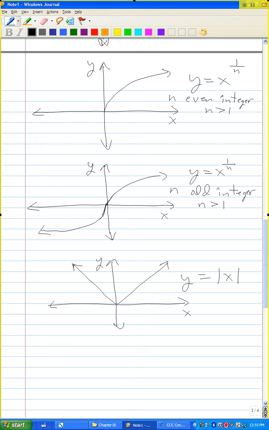So that basically gives you the power functions and the absolute value. If you have a particular power function, you know how to graph it. You have to memorize. So my assumption is that you have memorized and you know how to graph any sort of power function.